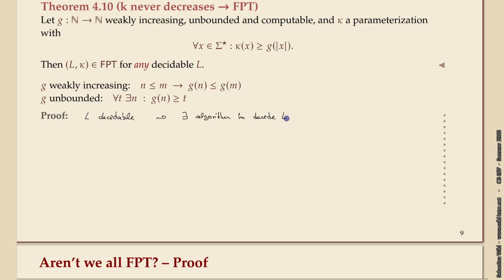And we can assume that it has some running time, right? Let's say in time at most t of the length of x is the worst case running time. Without loss of generality, I'm assuming that this function is also weakly increasing.